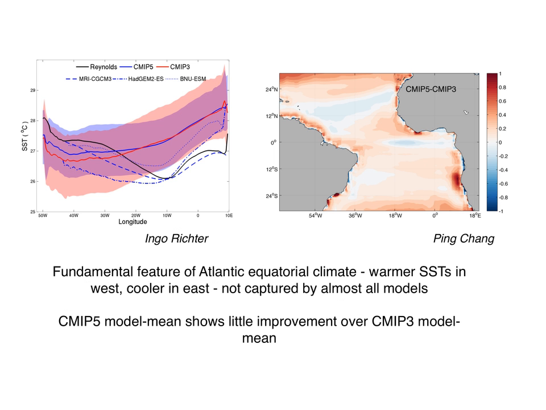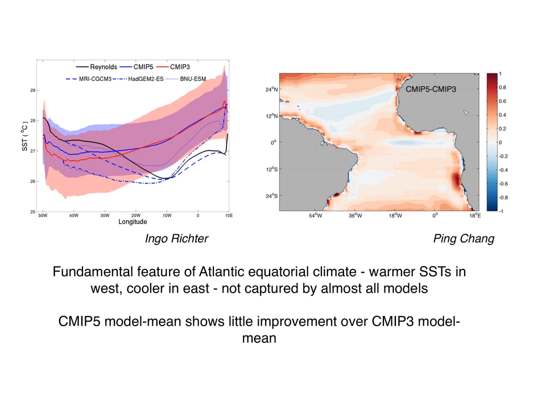So to dive into the supporting figures for these summary findings, this figure shows that the CMIP-5 model mean biases have not improved much relative to CMIP-3.